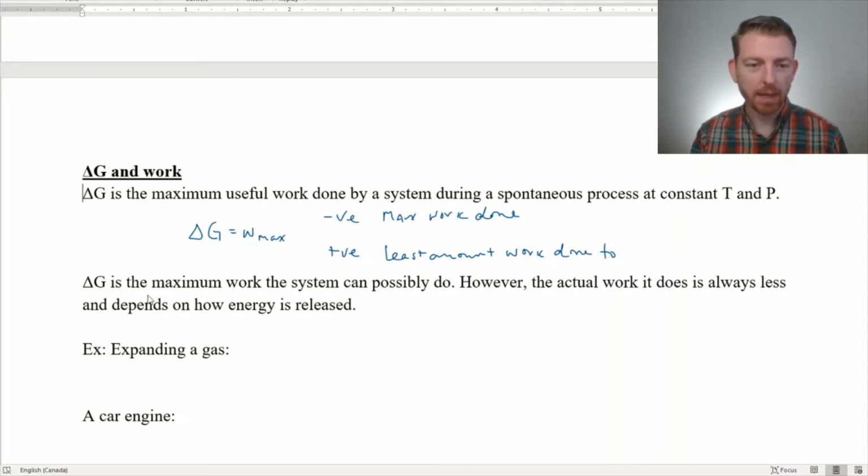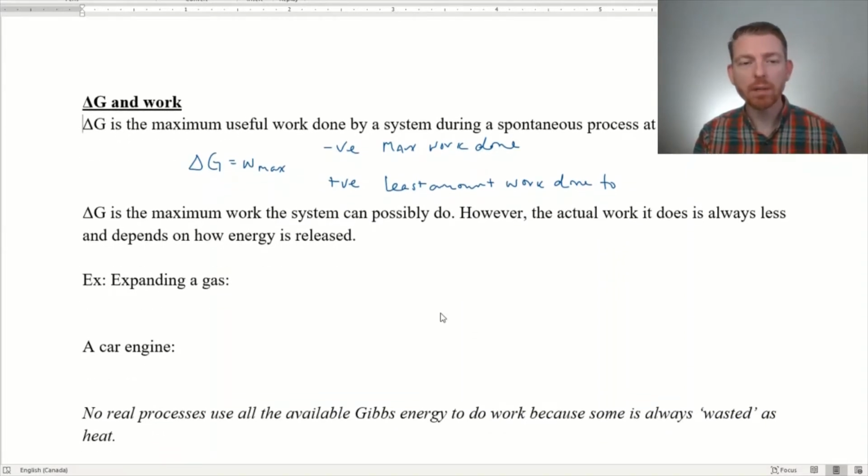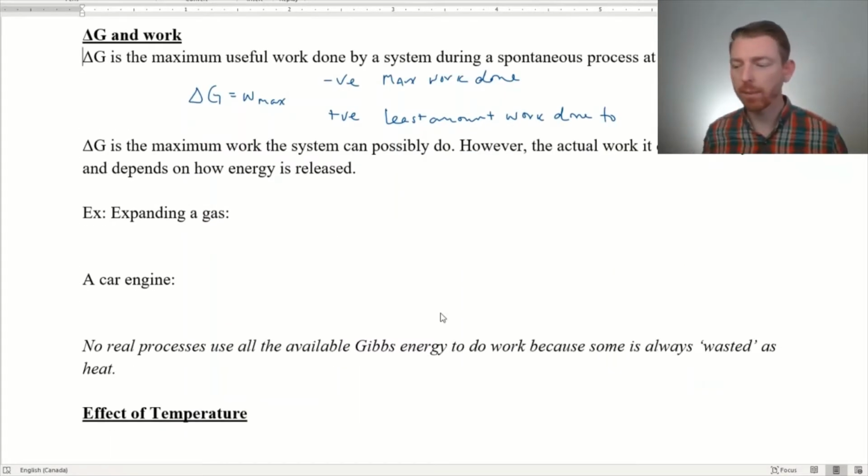Okay, so this is the maximum work that a system can do. Actual work is always going to be a little bit more path dependent, even though delta G itself isn't. So if we think about, say, expanding a gas, imagine we have a cylinder and there's a piston inside it, and this has a certain amount of weight on top.